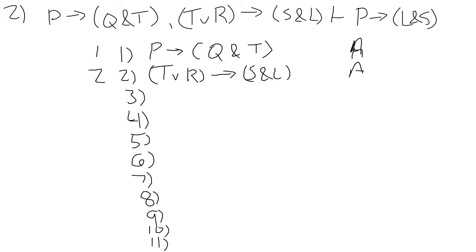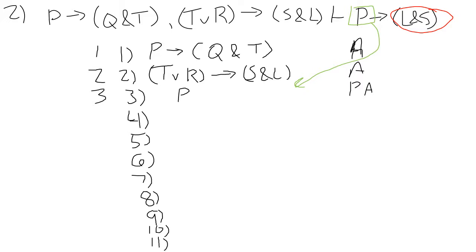Now looking at our conclusion again, it is a conditional statement. So we will assume the left-hand side and we'll try to derive the consequent so we can arrow it in. So we've got P, we'll mark as a PA, provisional assumption, and we're looking to get to L and S.